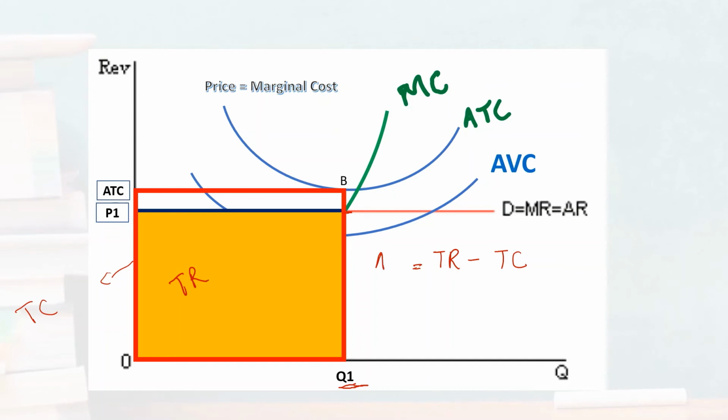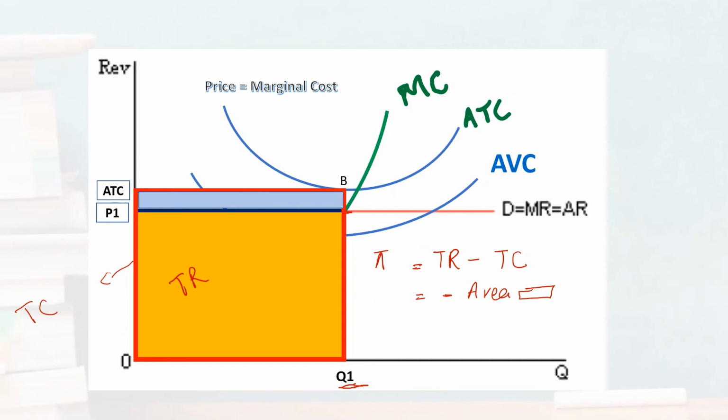So the profit is going to be negative, which is equal to the area in gray color. So this is the method by which you can find the amount of loss or profit just by looking at the diagram, and it is quite easy to understand when you have some numerical values instead of just having ATC or P1.